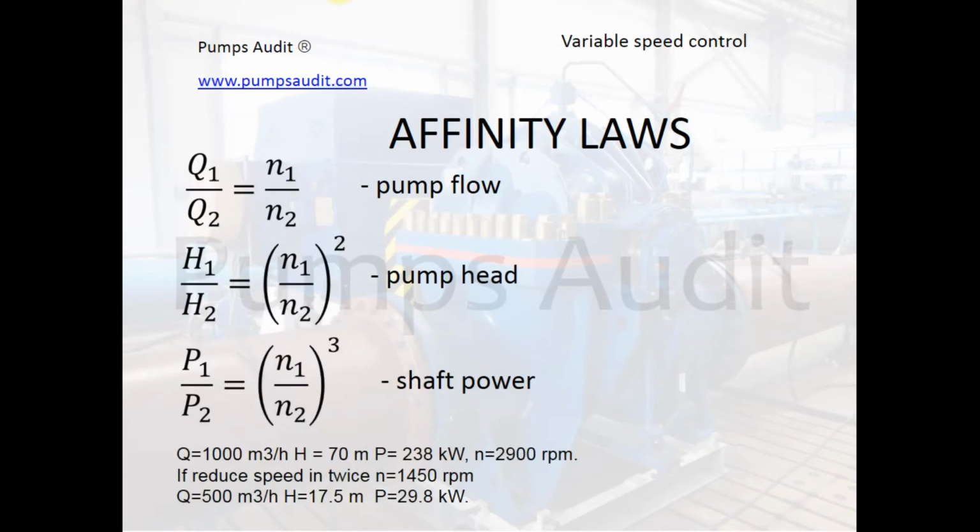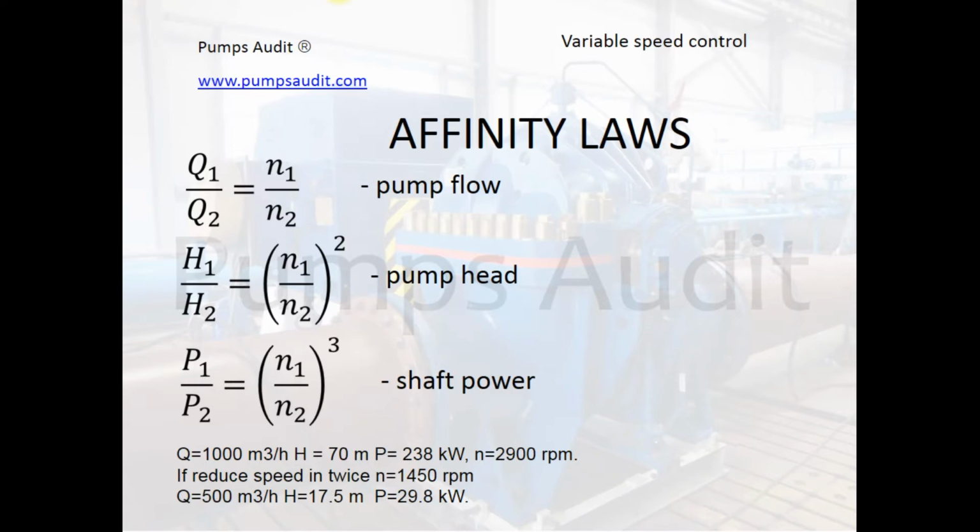For example, the pump has flow 1000 cubic meters per hour with head 70 meters and shaft power 238 kilowatts at speed 2900 rpm. If reduced speed in twice, flow will be 500 cubic meters per hour, head will be 17.5 meters, shaft power 29.8 kilowatts.